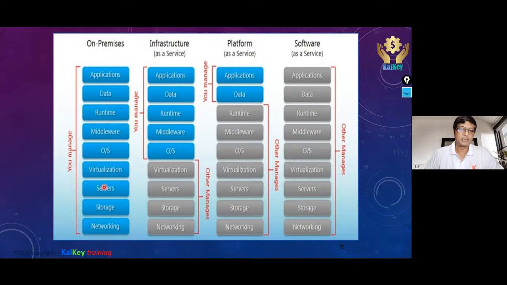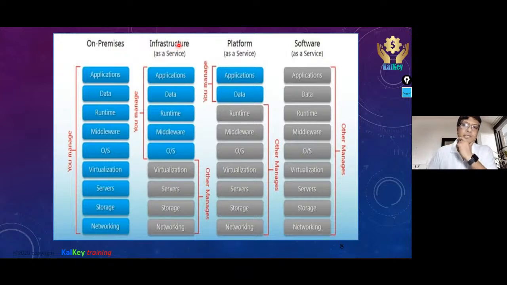All these layers are getting managed. So your applications, your servers, your middleware, your operating system, your storage, your networking are all on premises. Got it? Nothing was given to some third party to manage.